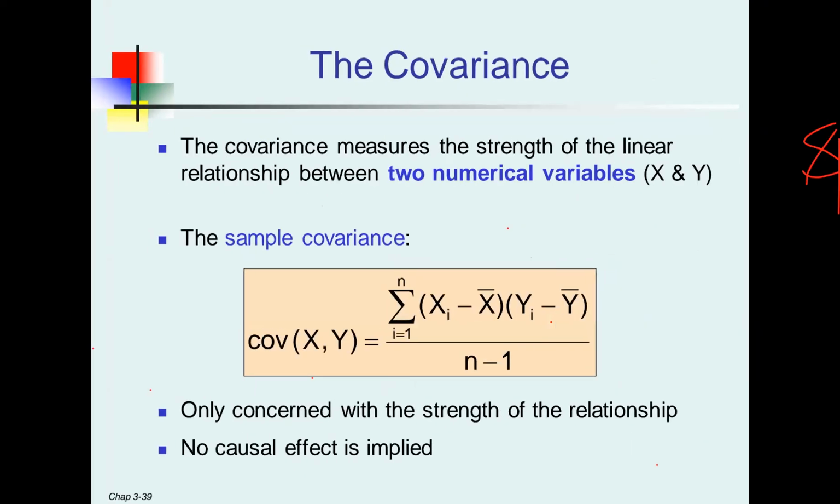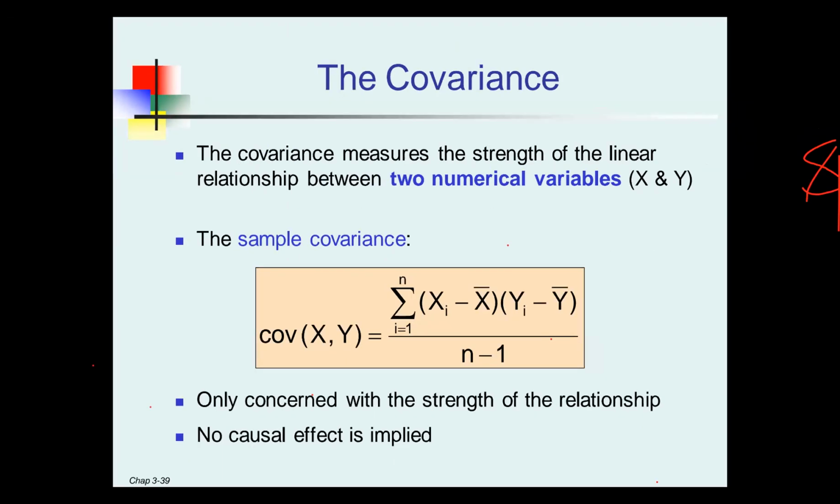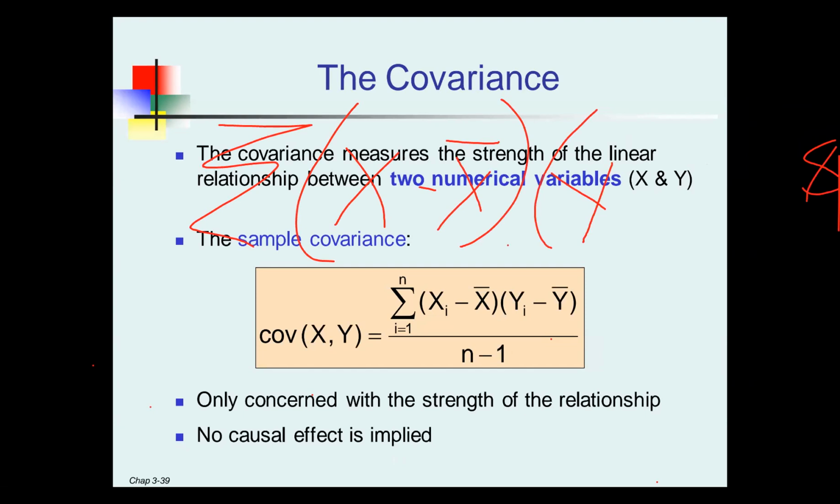Hey, I'm here. Okay. Covariance measures the linear relationship between two numeric variables, the values of x and y. It is found by summing the product of the x individual score minus the x bar, the mean, times the y individual score minus the y bar, and you divide by n minus 1.